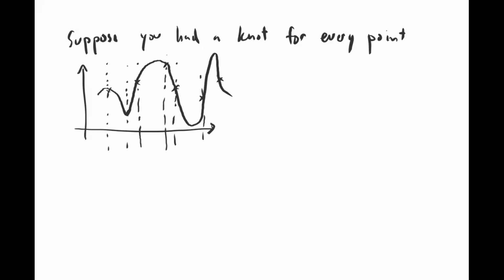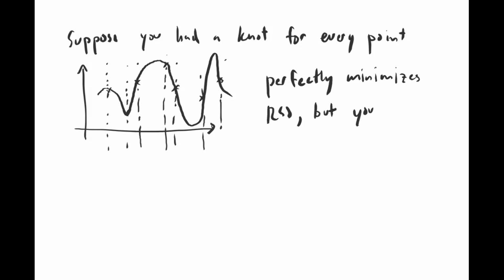Because we have so much flexibility in the number of knots. So this perfectly minimizes the RSS, but you have overfitting.